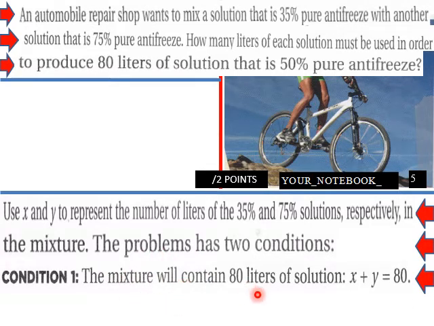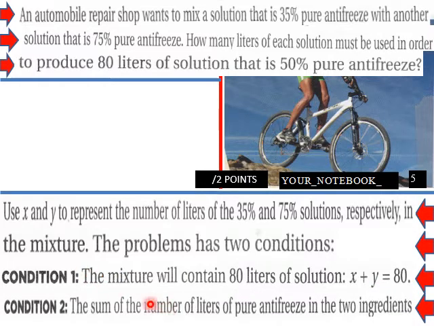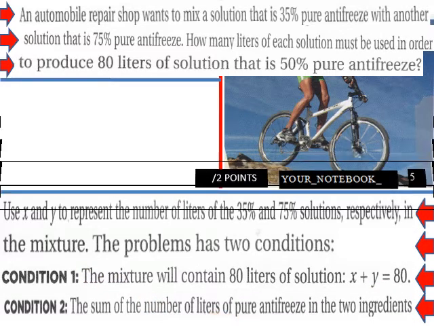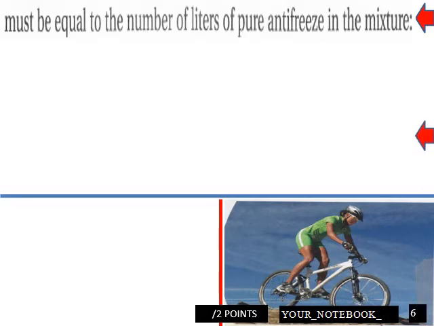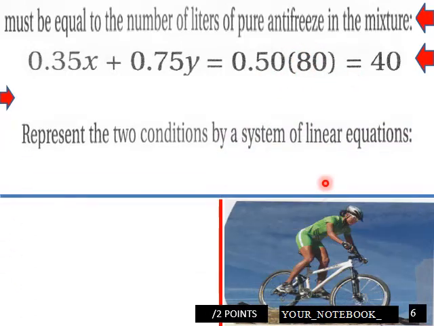The mixture will contain 80 liters of solution, x plus y equals 80. And the other one, the sum of the number of liters of pure antifreeze in the two ingredients must be equal to the number of liters of pure antifreeze in the mixture. So 0.35x plus 0.75y equals 0.50 times 80, which equals 40.